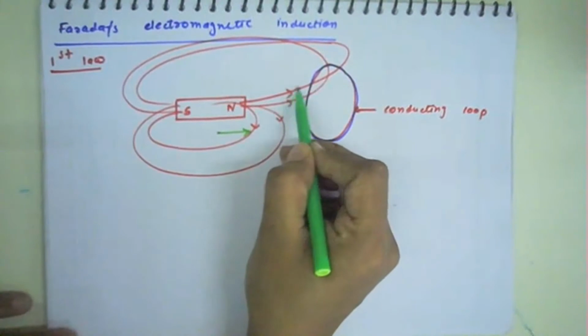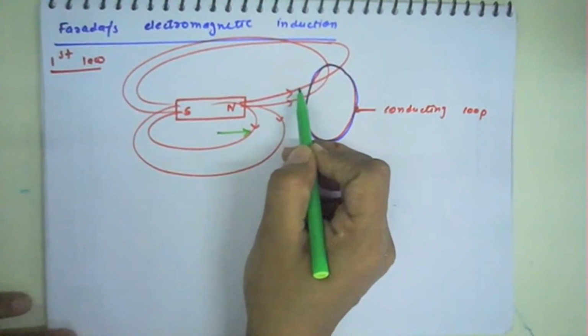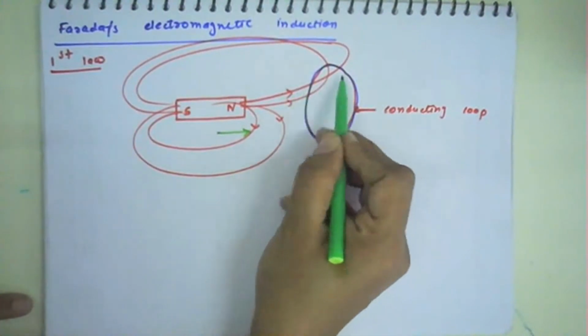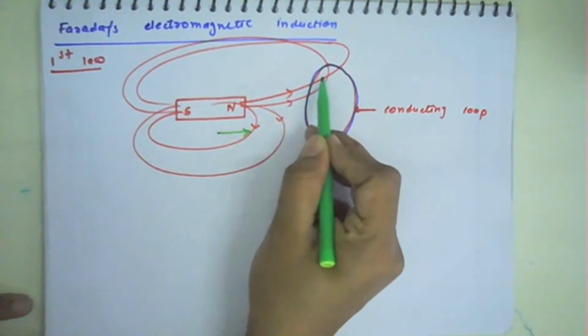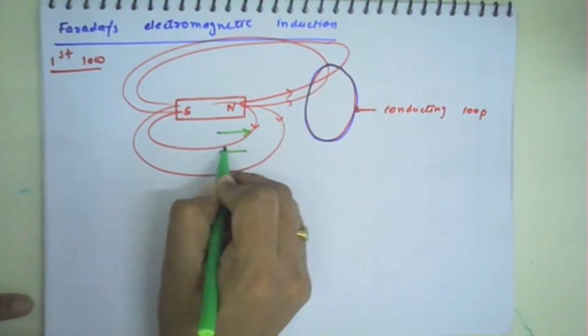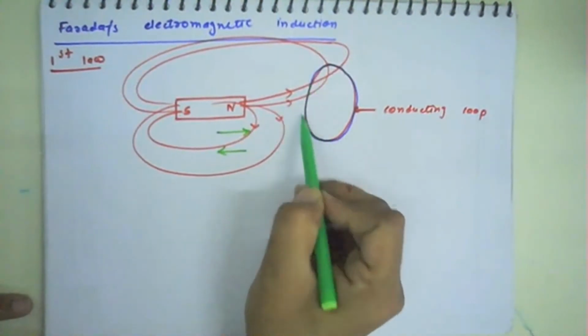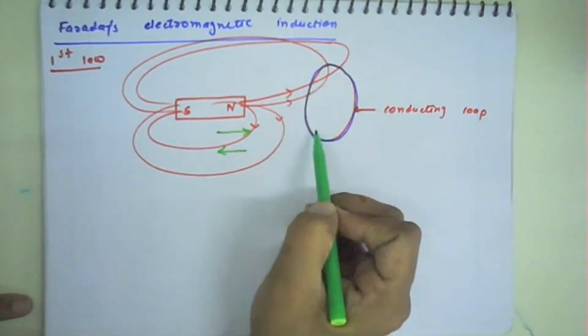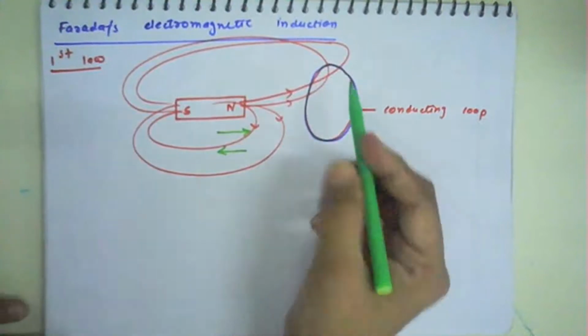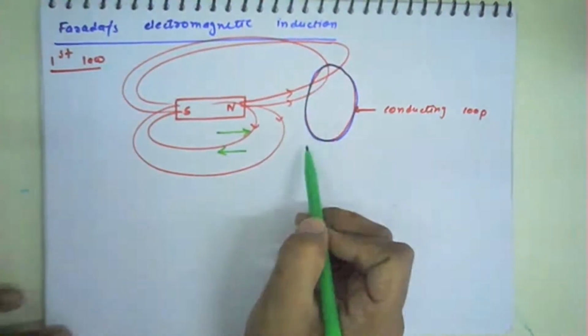The magnetic field lines, or the magnetic flux passing through this loop, is changing. When we move away, again the magnetic field line passing through this loop is changing. The second way, you can vary the loop also.